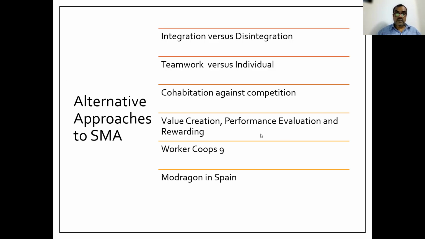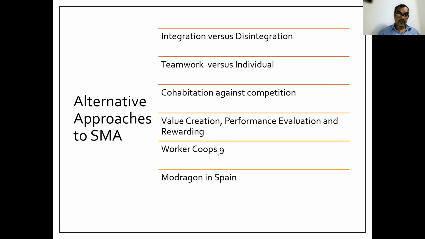Then the value creation, performance evaluation, and rewarding is done purely on collective efforts, team efforts. This is the new trend against individual performance evaluation. And the newest concept of organization structure, form of organization, is very popular in Europe and is being introduced in the United States as well.